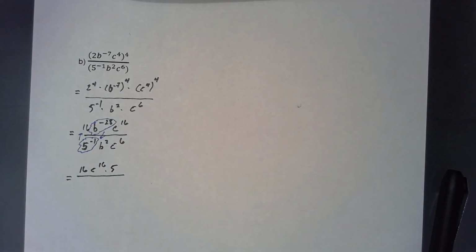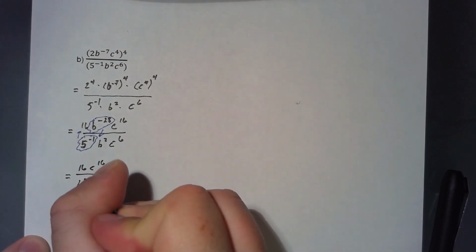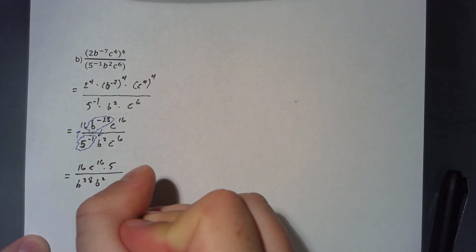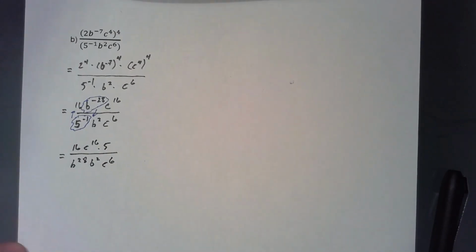All right. So I have 16 times 5 times c to the 16th in the numerator. And in the denominator, I have b to the 28th times b squared times c to the 6th.